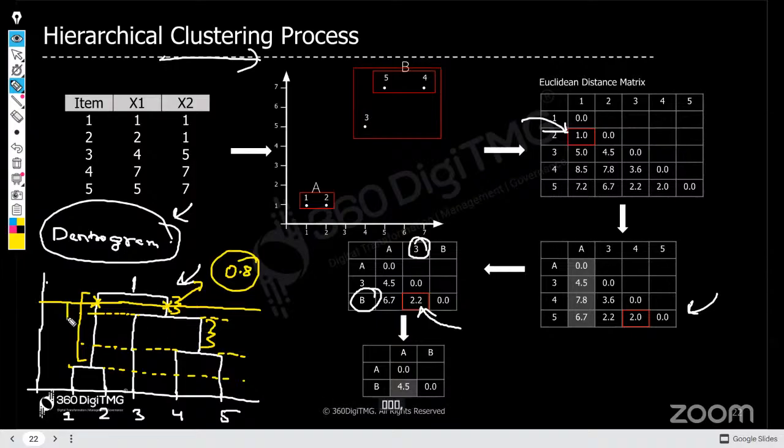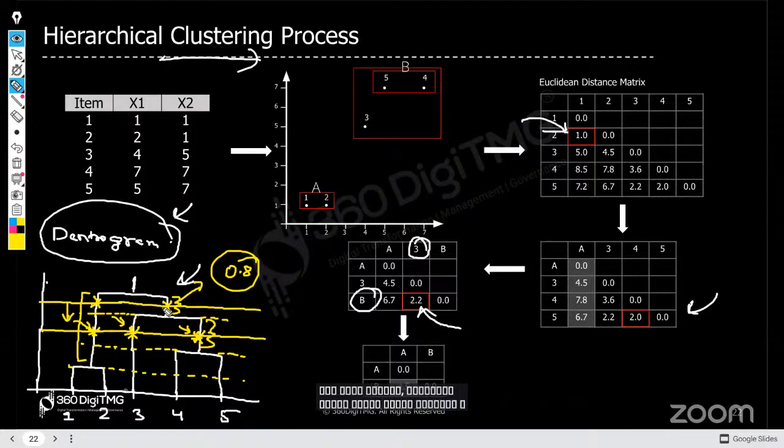But still we will go further downward. Here at this point, we are getting three intersections. Now again we will check the Silhouette score for these three intersections. Three intersections means we are going to create three clusters, and again we will check whether the clustering done by the model is correct or not.